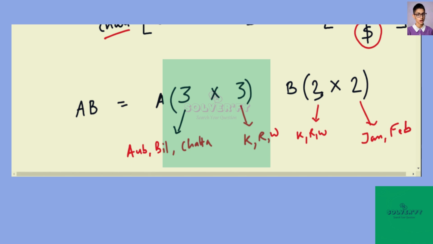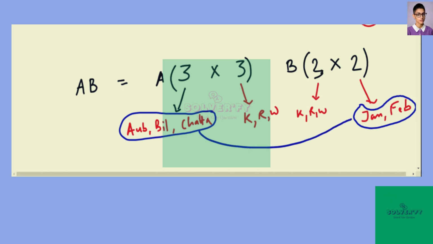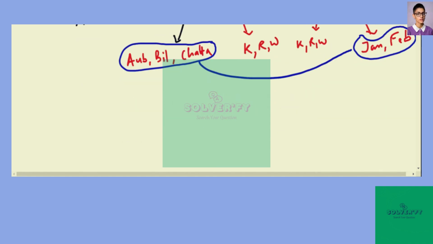So what will our resultant matrix have as rows and columns? The resultant matrix will have these places in the rows and these months in the columns. So that would be AB.